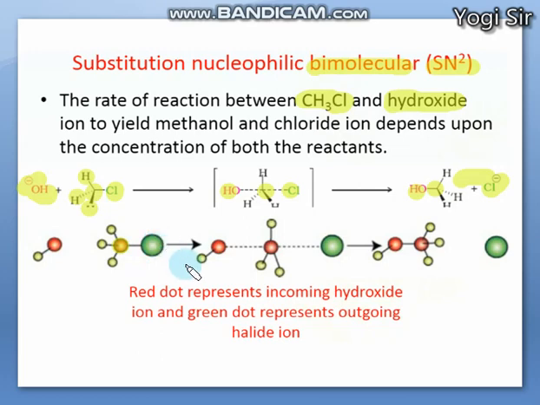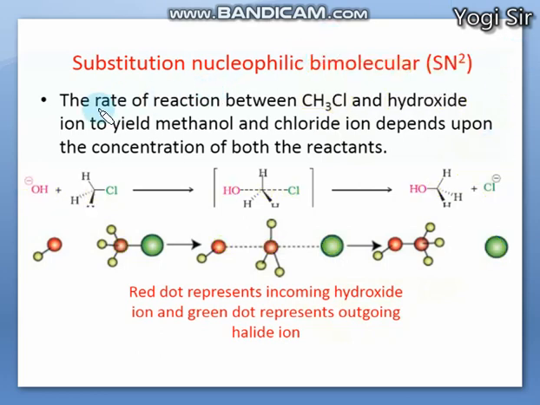The oxygen, which is negative, binds with the central carbon, and this chlorine sphere moves away from the plane, and later on this Cl minus gets detached and removed from the carbon atom, and OH now permanently forms a sigma bond with the central carbon. So it is a simple substitution mechanism. Now we'll see why it is known as bimolecular, and what the mechanism is in this reaction.